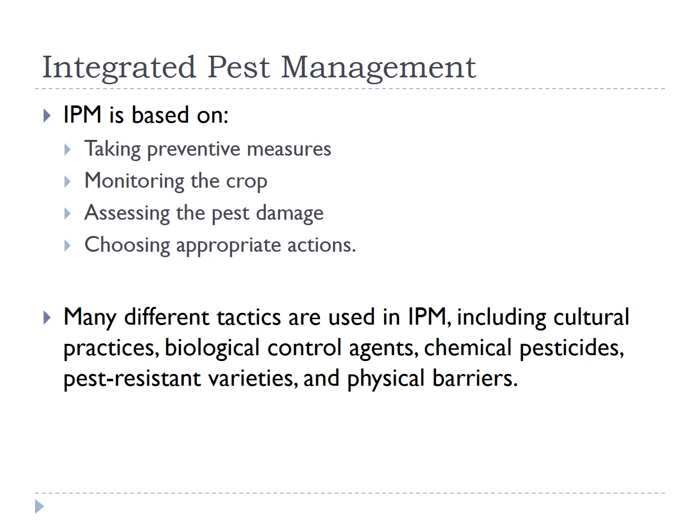If there are pests, we're going to assess the level of pest damage. If it warrants action, we're going to choose the most appropriate actions based on the level of the pest and the level of the damage. And just as a reminder, we use many different tactics in IPM: cultural practices, biological control, chemical pesticides, pest-resistant varieties, as well as physical barriers.